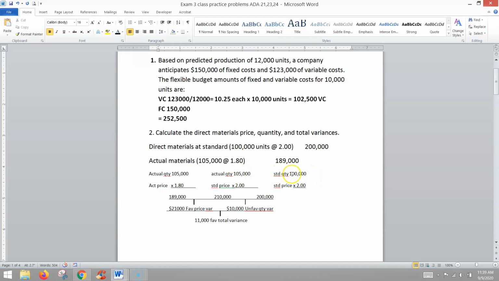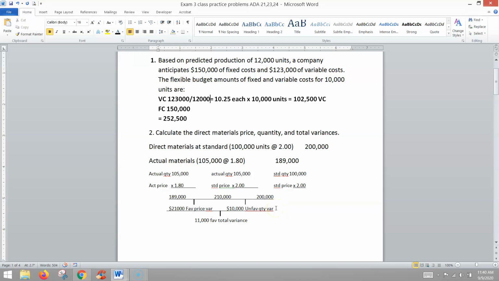We can tell that the variance is going to be unfavorable. It took us more materials, more quantity than we thought it would, than the standard. If we multiply these two out, we get 210,000 and 200,000. So we get a variance of $10,000, and again, it's unfavorable because the actual quantity is more than the standard quantity.